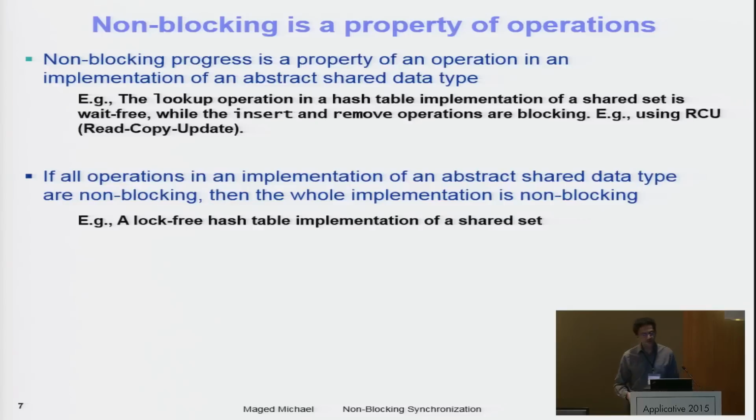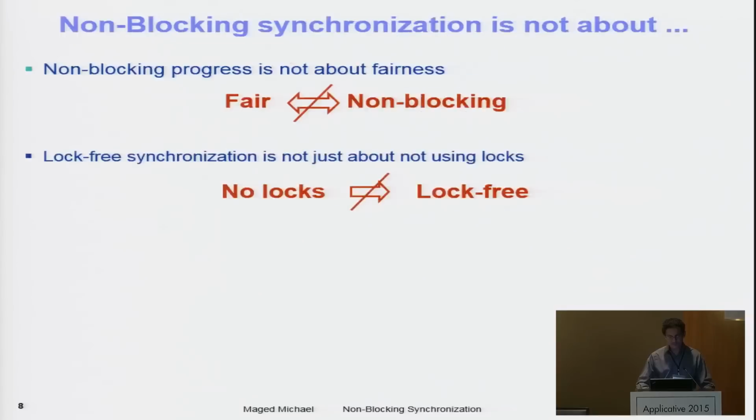For example, there are hash tables and lists where the lookup operation is wait-free, but the updates actually use locks. You can mix and match, and it's all about the operations that you care about. If all the operations are lock-free or wait-free, then you can say that the whole data structure is lock-free or wait-free.